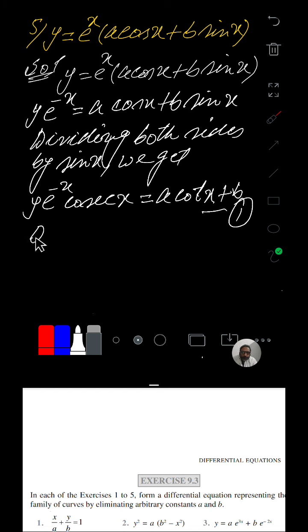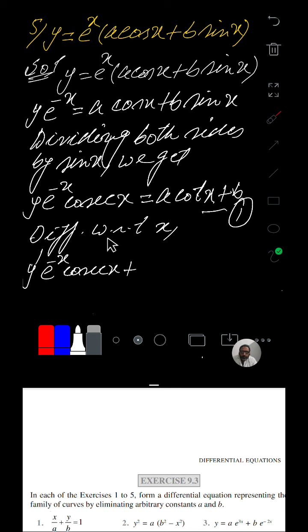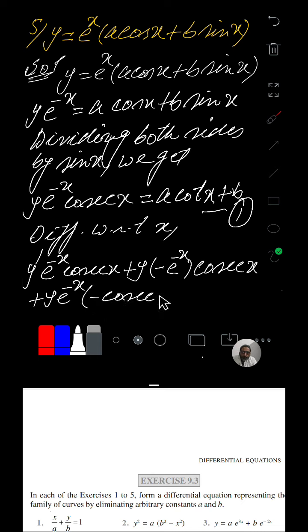So differentiating with respect to x, we get, here we need to apply product rule. First function derivative is y dash, and second and third function as it is e raised to the power minus x cosec x, plus first function as it is, derivative of the second function, that is minus e raised to the power minus x, and third function as it is, and then plus first and second function as these are, and we have to differentiate cosec x, that is minus cosec x into cot x.